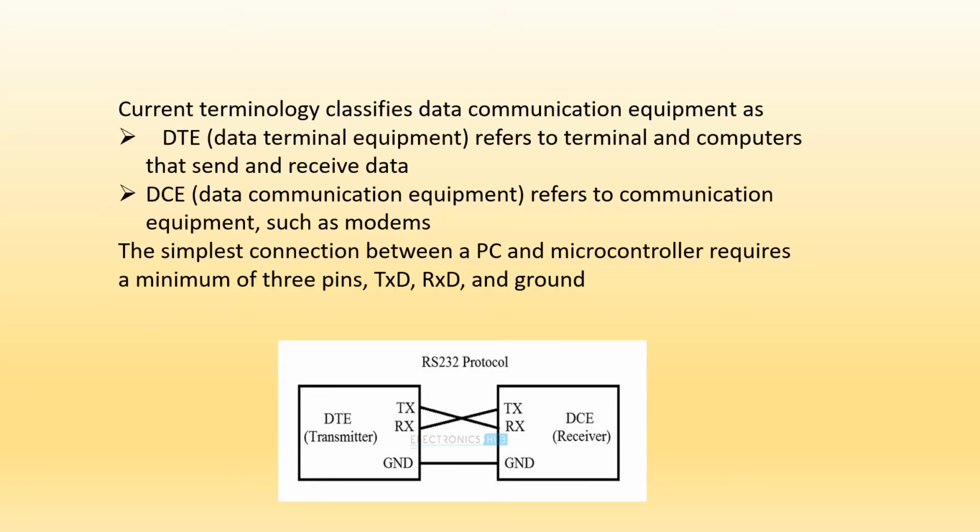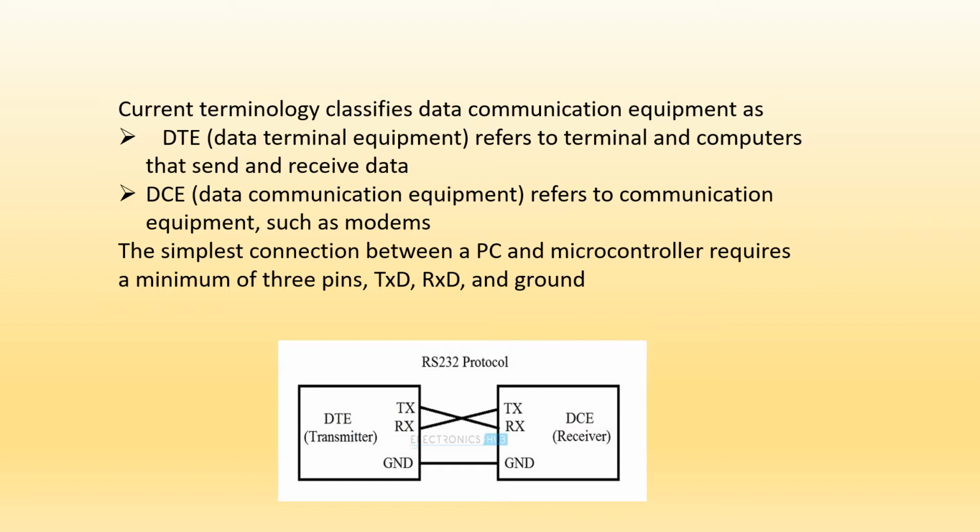Serial communication programming. Today we'll see about serial communication. The basics of serial communication we have already seen in the last video. Continuing with that, we have the data communication equipment.